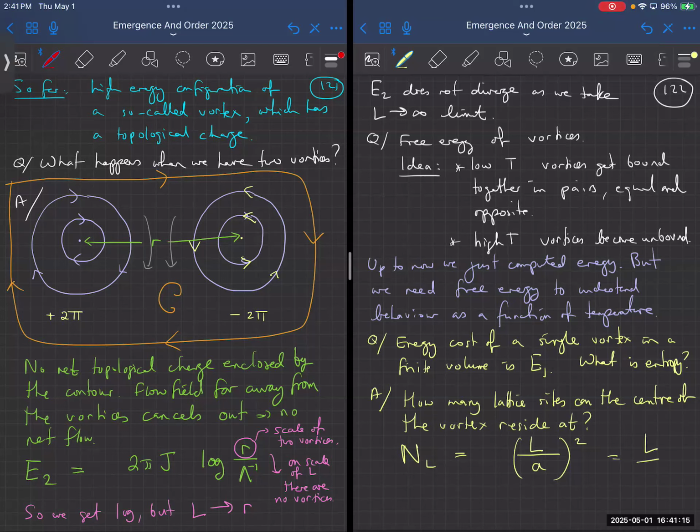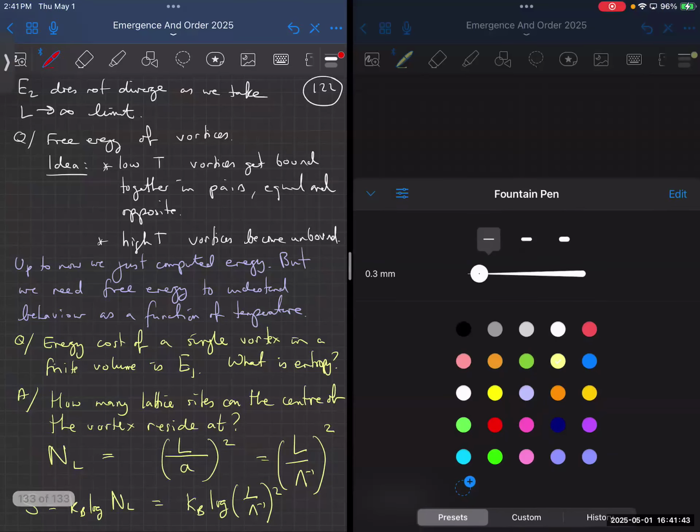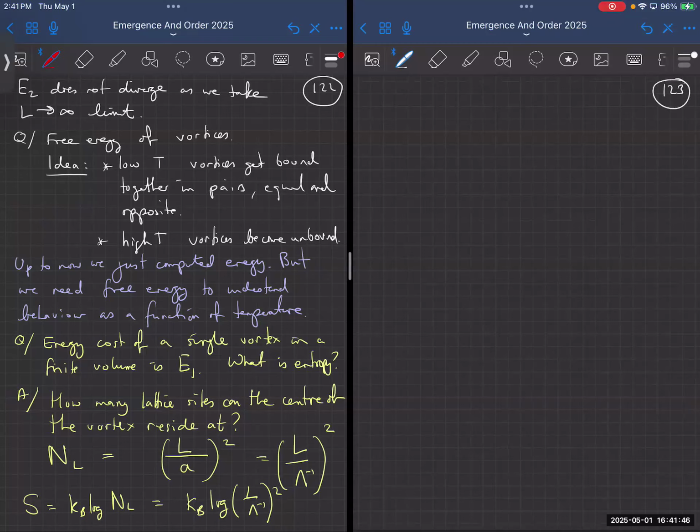So the entropy associated with the number of ways that I can put down a vortex is going to be KB times the logarithm of N_L, which is KB times the logarithm of L over lambda to the -1 squared, and that is just equal to 2 KB logarithm of L over lambda to the -1.